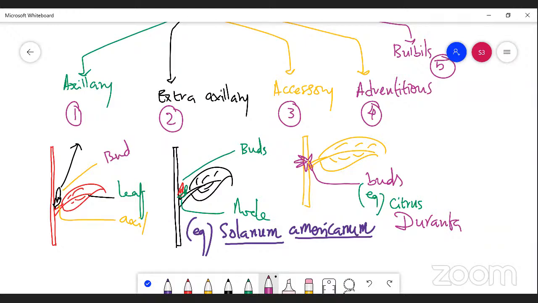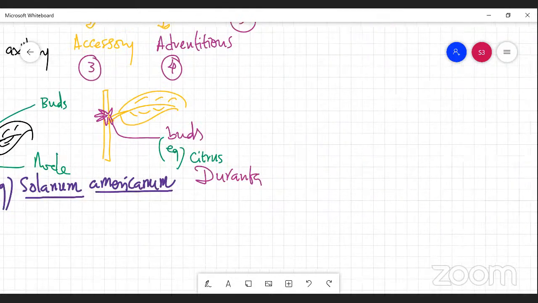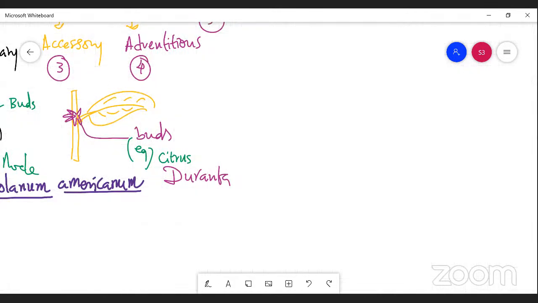The difference between extra-axillary buds and accessory buds. Next, we pass on to adventitious buds. I'm talking about the fourth type, adventitious buds.